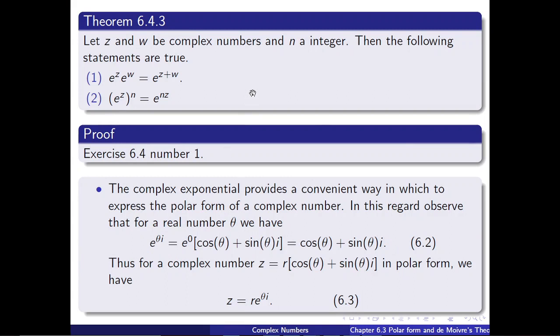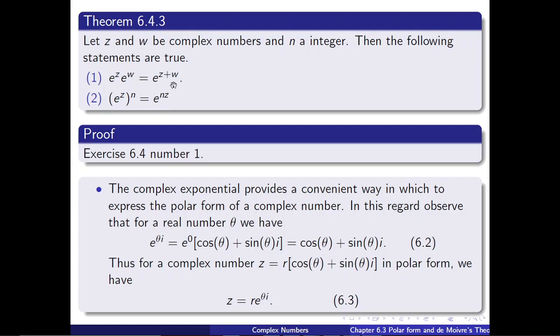So that's what we have there, and we're going to look at some properties that are in theorem 6.4.3. We know that these properties are true for real exponentiation, so we want to look at them and see if they are true for complex exponentiation, right? So let z and w be complex numbers and n be an integer. Then the following statements are true. e to the z times e to the w is equal to e to the z plus w, and then e to the z to the power n is equal to e to the nz.